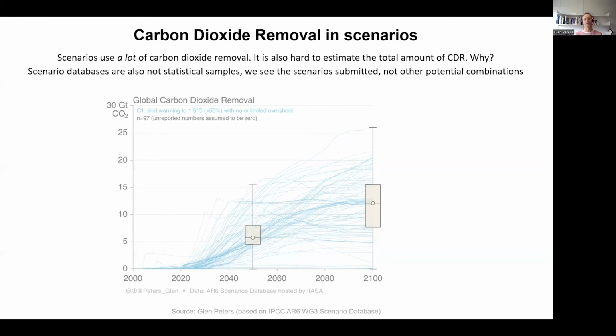I'm taking 1 million tonnes per year removal as an average large scale facility. Then you would have to build one of those every week out to 2050, and you would get to 1.5 billion tonnes per year. That's much lower than the median in this figure, which is 5 billion tonnes a year. To get to 5 billion tonnes a year, you're talking about building several of these large scale facilities each week out to 2050. So these numbers are immense.